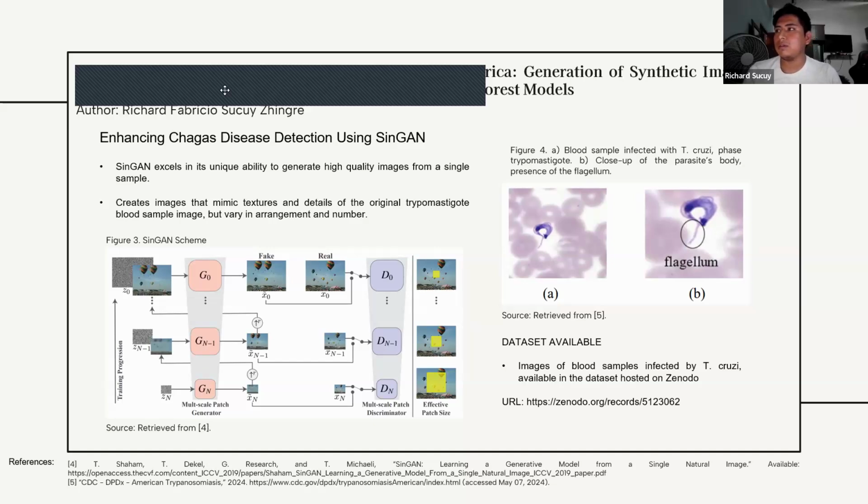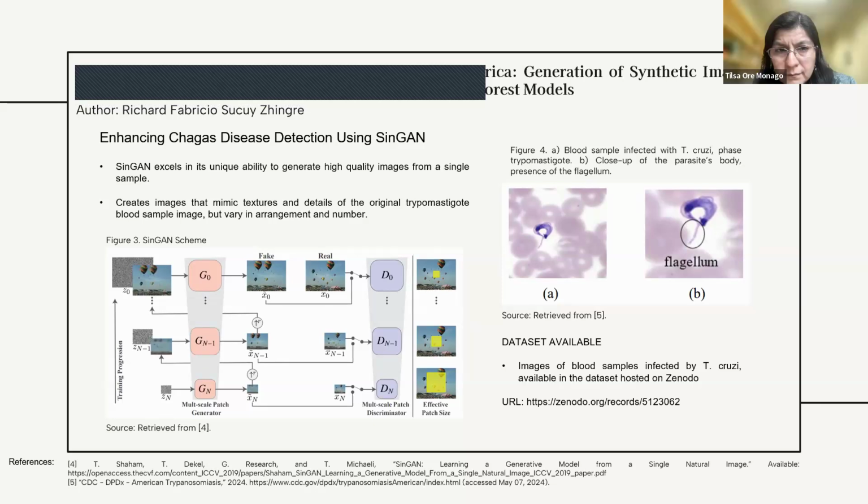It is a part of the body of the Trypanosoma cruzi that is important for detection of Chagas disease, and for the moment and time of detection, the application of SinGAN.